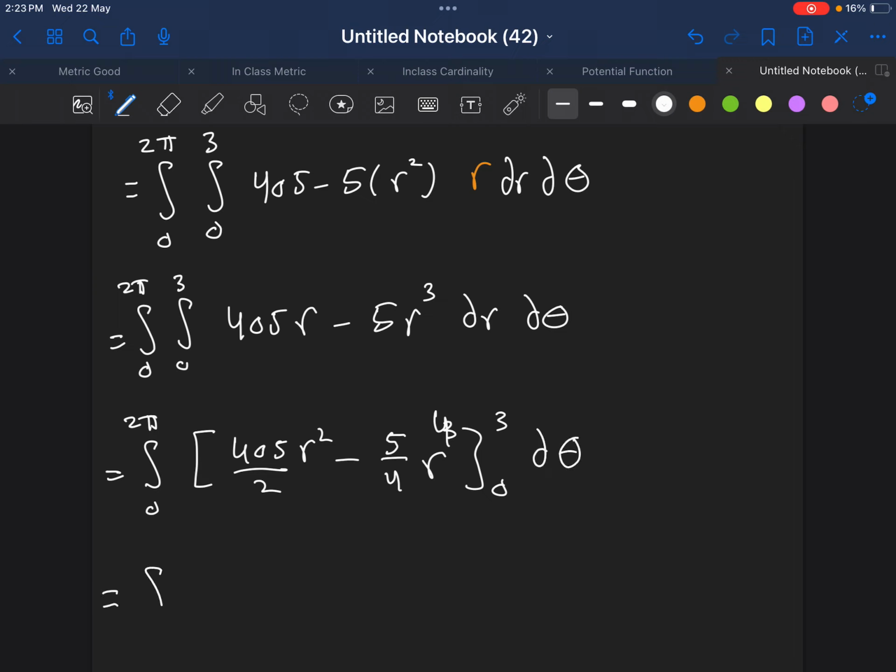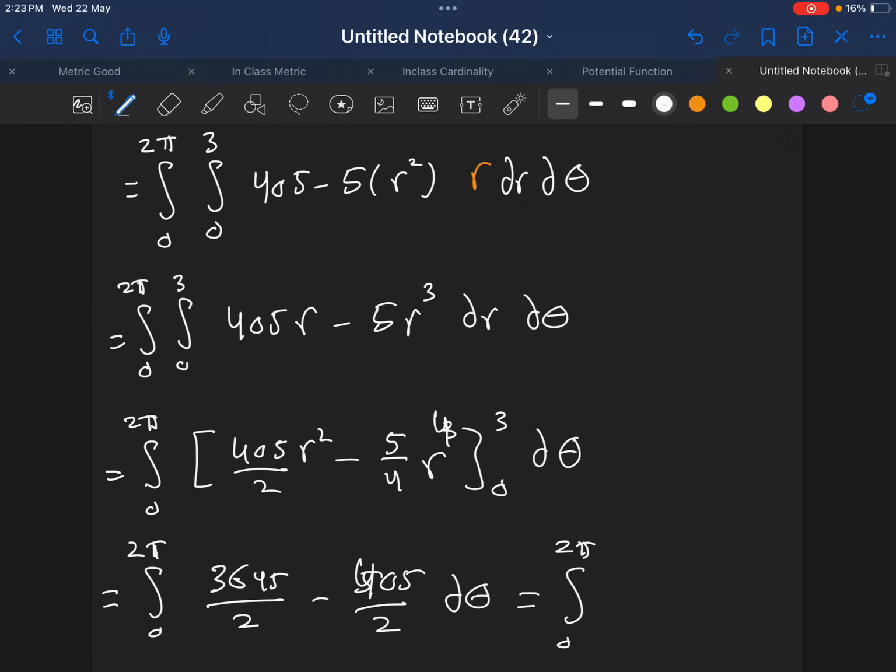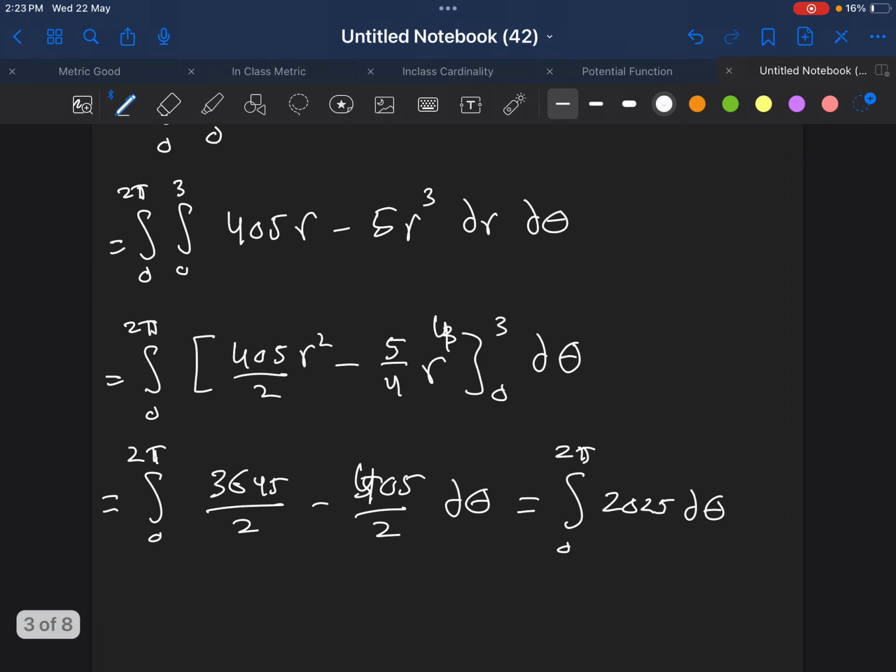d theta, which would be, if we find everything correctly, 3645 over 2 minus 405 over 4, which is 225 d theta.